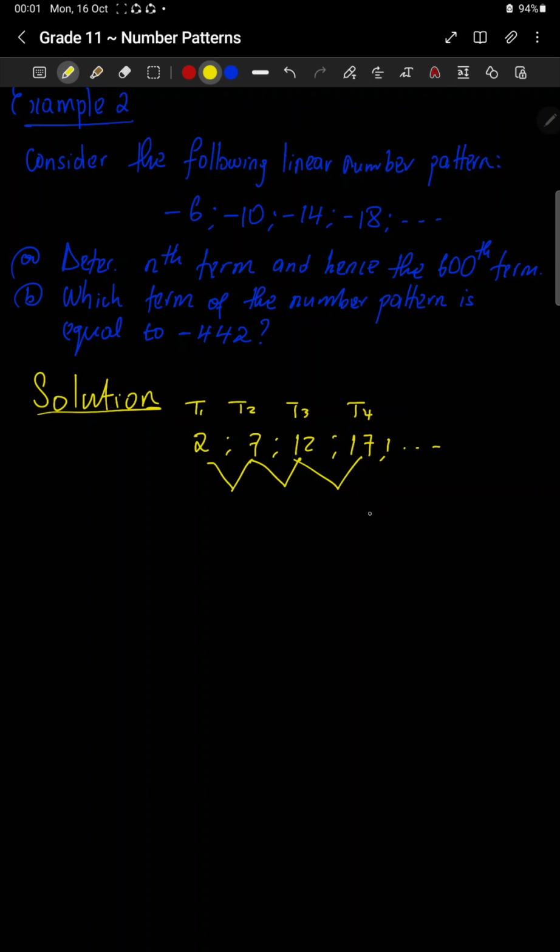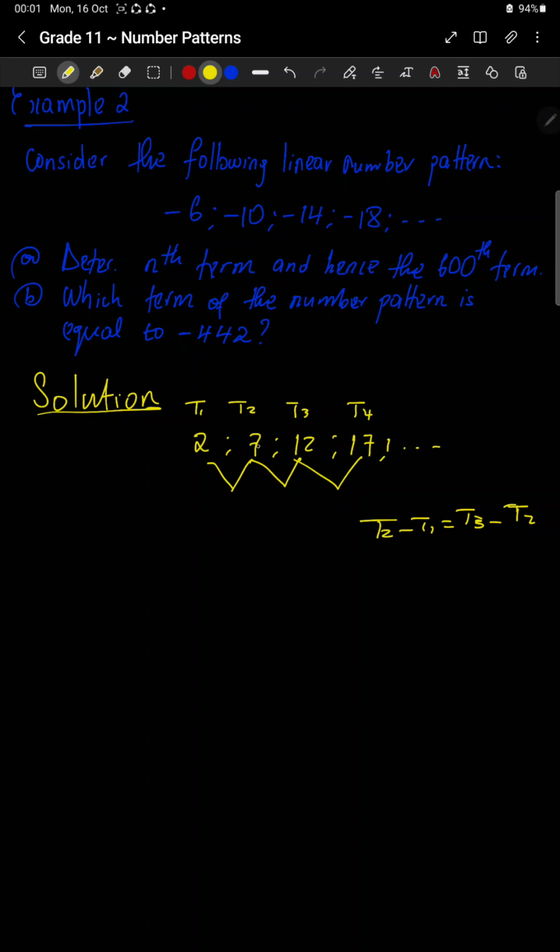So I would advise you guys to use this formula: T2 minus T1 is equal to T3 minus T2, so that if you are given terms which maybe are all negative, or maybe one of these terms is negative, you'll be able to see and simplify that term with the negative sign.